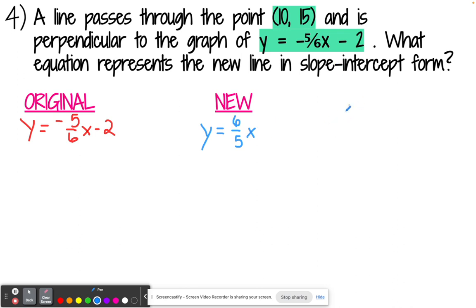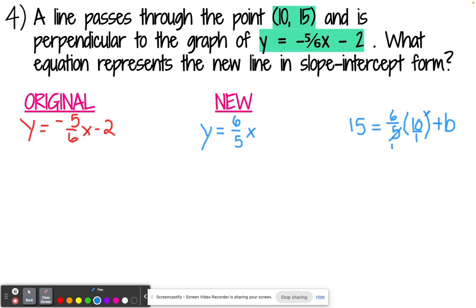So let's plug it in for this one, because why not? My y value is 15. 15 equals 6/5 times 10 plus b. Simplify before you multiply. Just a quick reminder of how to multiply fractions. This will become a 1.